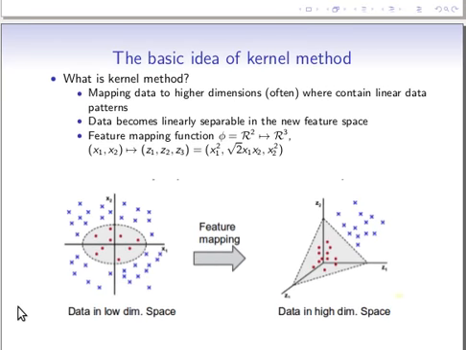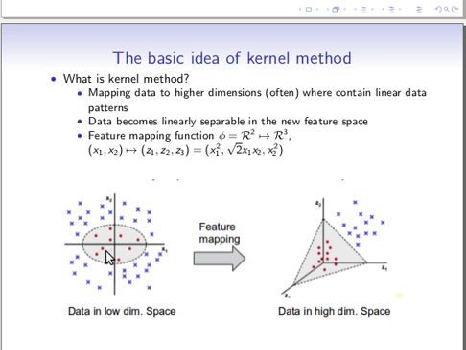The basic idea of the kernel method. So, what is the kernel method? We know it is hard to linearly separate data with different classes in a low dimensional space. For example, in this space, we cannot find one linear separation to separate the blue class and the red class.